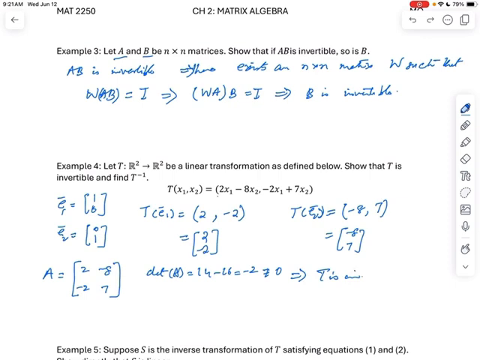So remember, A inverse is equal to 1 over the determinant, so 1 over negative 2 times, and we change the positions of 2 and 7. So in place of 2 we will get 7, and in place of 7 we will have 2.